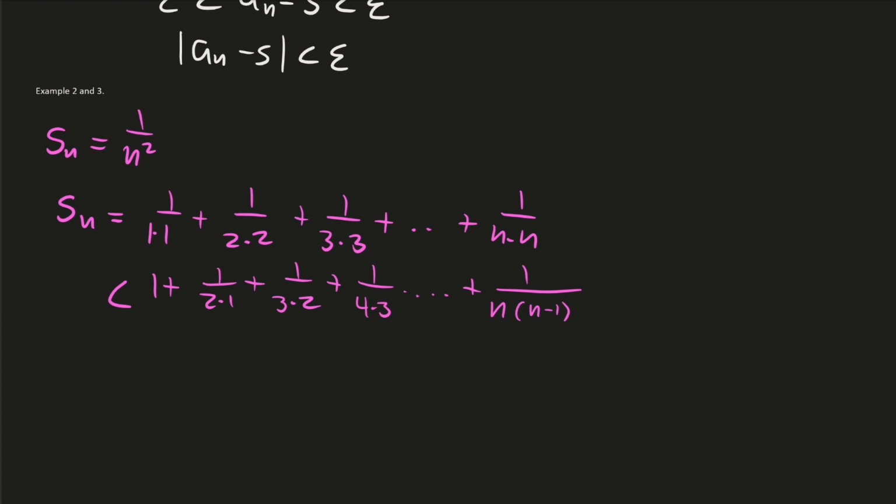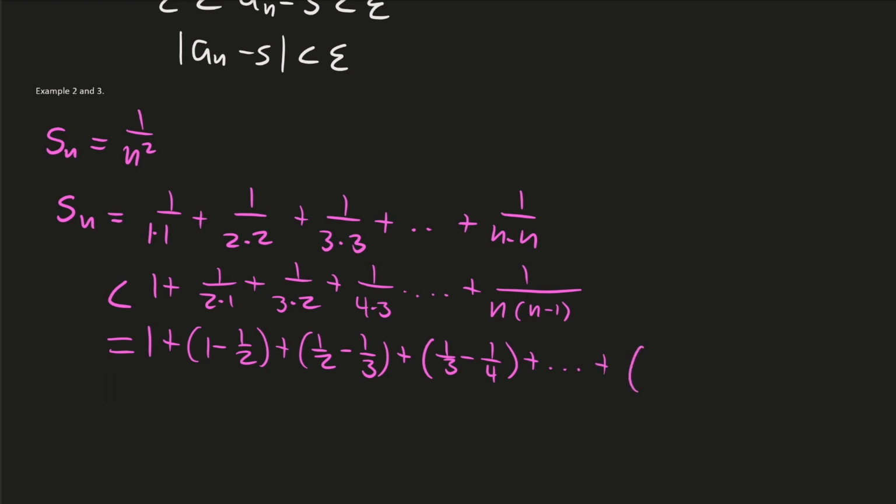We can rewrite that a little bit. That thing is equal to 1 plus 1 minus a half, plus 1 half minus a third, plus a third minus a quarter, plus ... plus 1 over n minus 1 minus 1 over n.